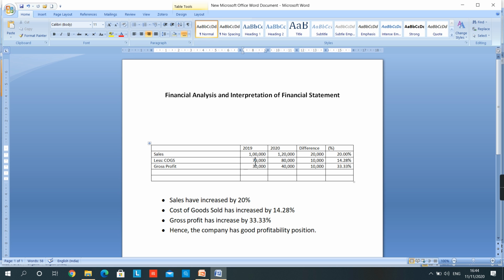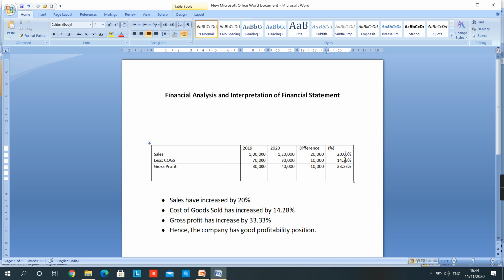Cost of goods sold 70,000 and 80,000. Gross profit 30,000 and 40,000. So here I have calculated the difference: 20,000, 10,000, 10,000. The percentage increase in sales, cost of goods sold, and gross profit I have calculated.